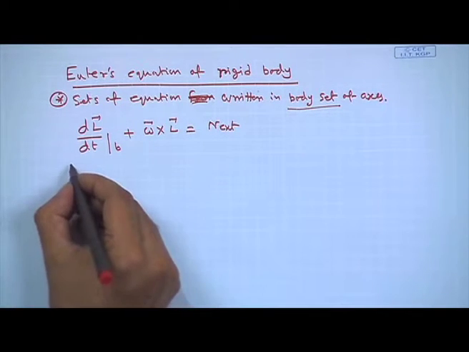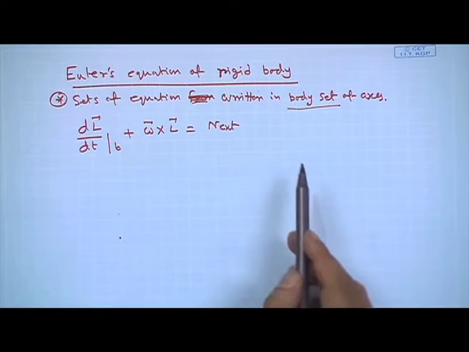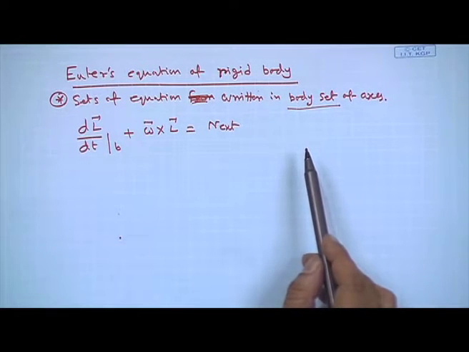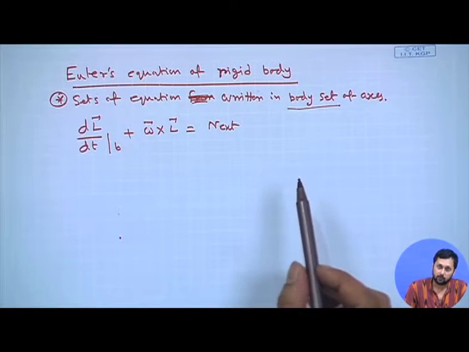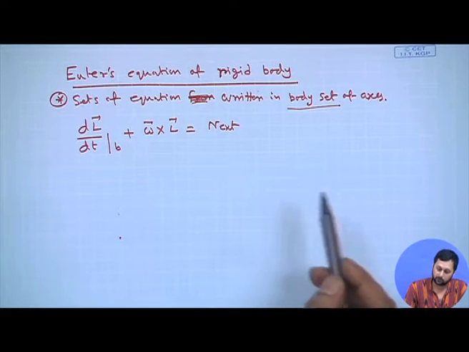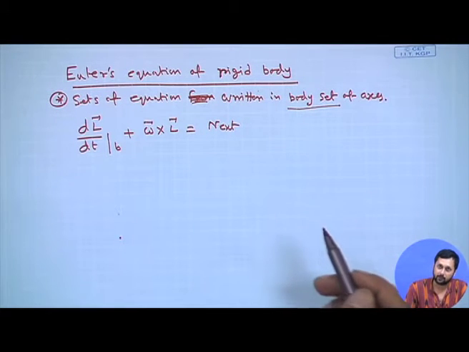Now because we are in the body set of axes, and the principal set of axes will also be one of the orientations of the body set of axes, if we write this set of equations in the principal axis system, we will have certain advantage.